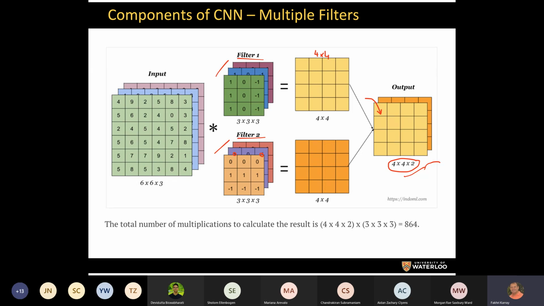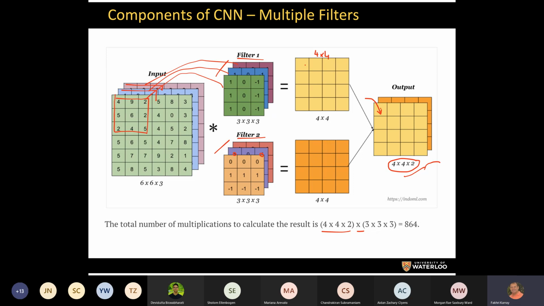In order for us to capture this particular element, we have to do 3: you have this times the first component of the filter, this times the second component of the filter, and this times the third component of the filter. So here it is 3 by 3 times 3 in order for us to obtain this point. That's where the number comes from.